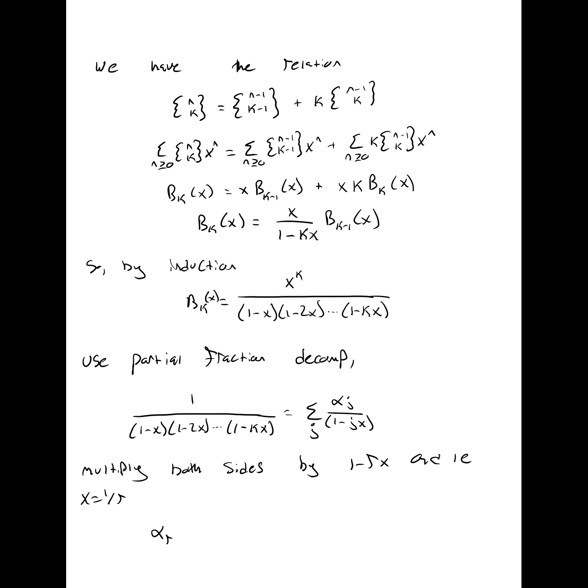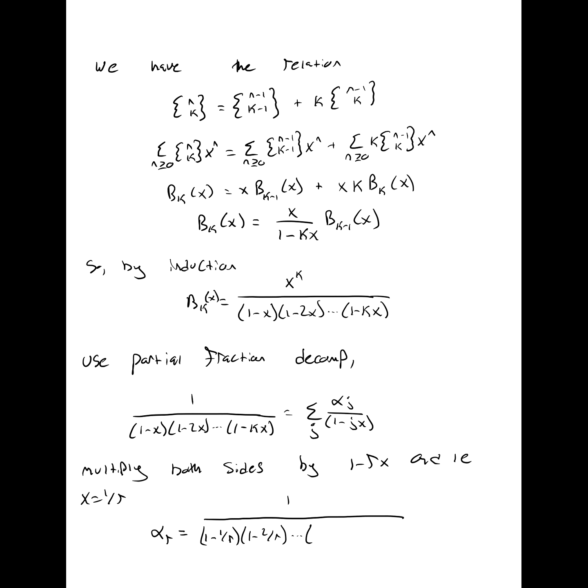And if you work it out, not much to work out here. I'm really simply just plugging in 1 over r. We get 1 minus 1 over r. It's supposed to be an r. Or sorry, this is just going to be multiplied by 1 minus 2 over r, and so on.